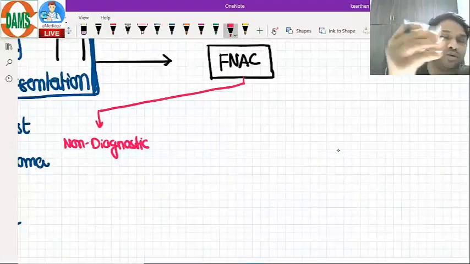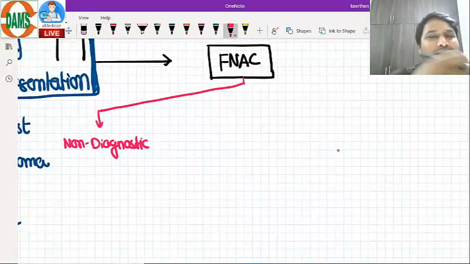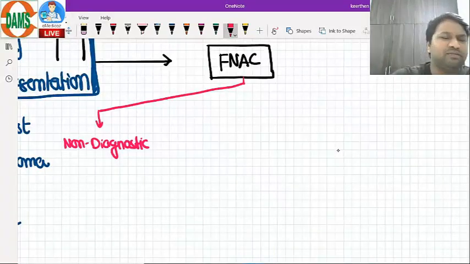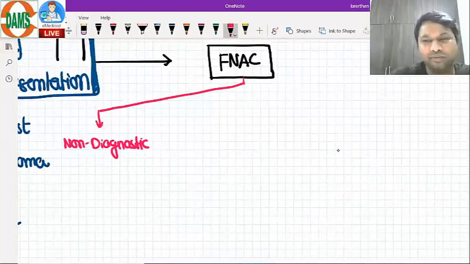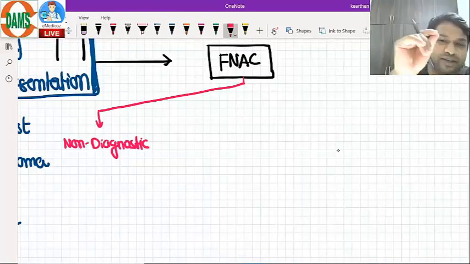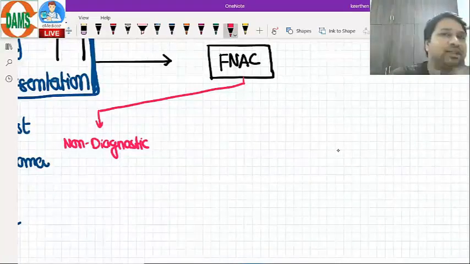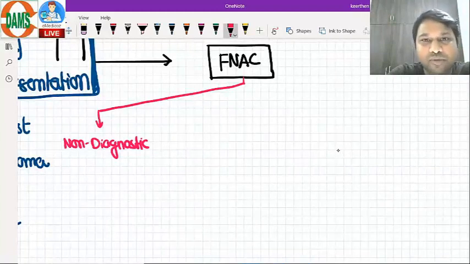So when the patient goes, the pathologist will try to feel for the nodule. Their hands are not as sensitive as a surgeon's hand because we constantly deal with swellings and nodules, so we have a better perception. Sometimes they feel somewhere and prick somewhere else, and they get something else rather than tissue from the nodule. Obviously it will become non-diagnostic.